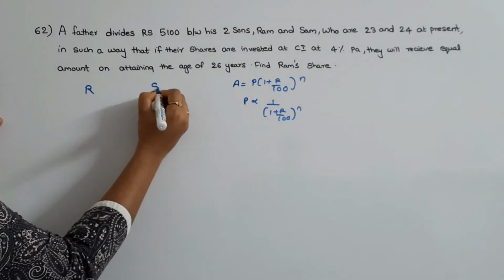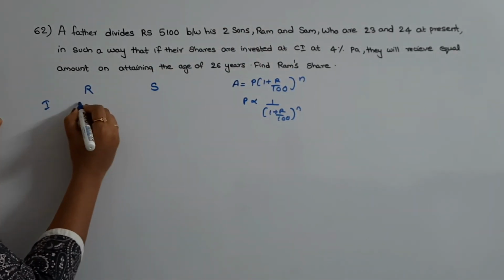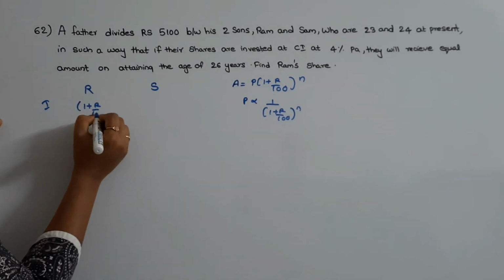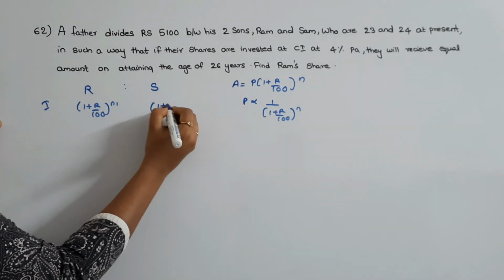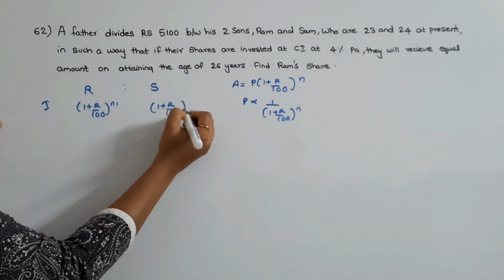Their ratio will be 1 plus R by 100 whole raised to N1 is to 1 plus R by 100 whole raised to N2.